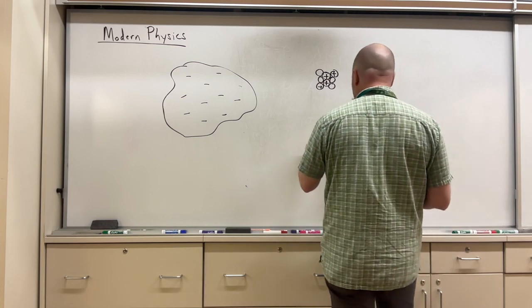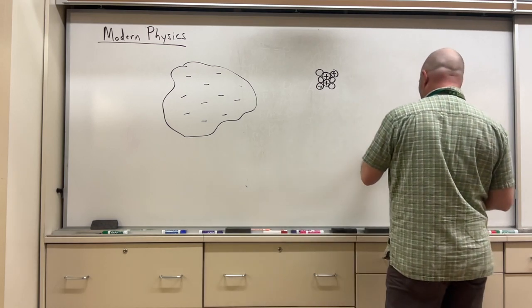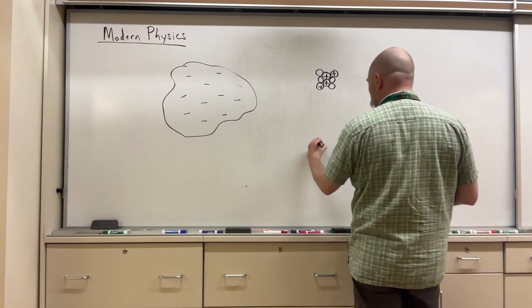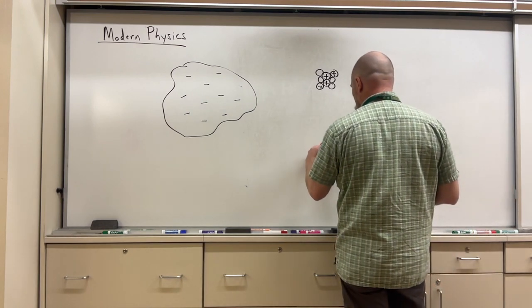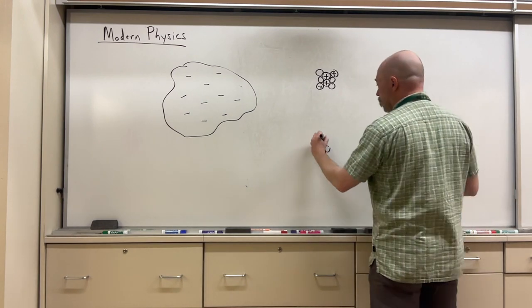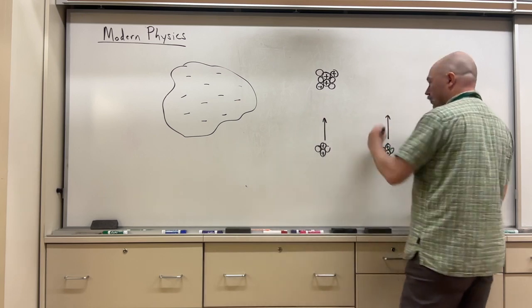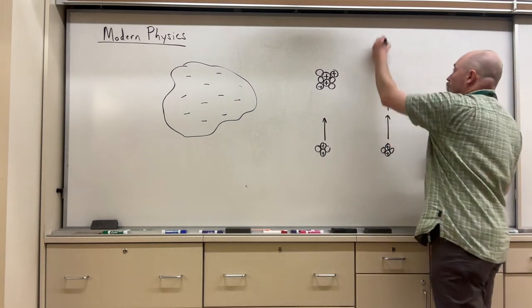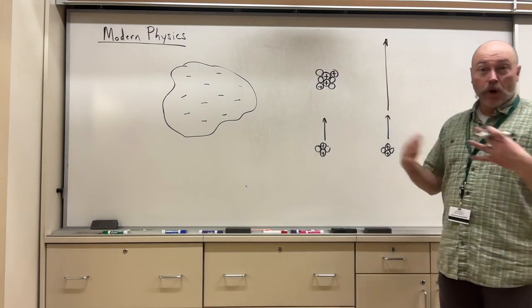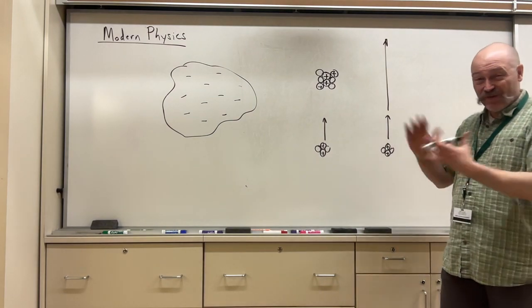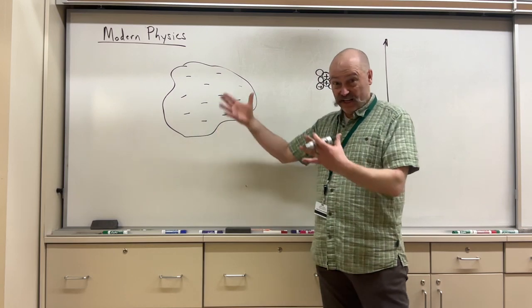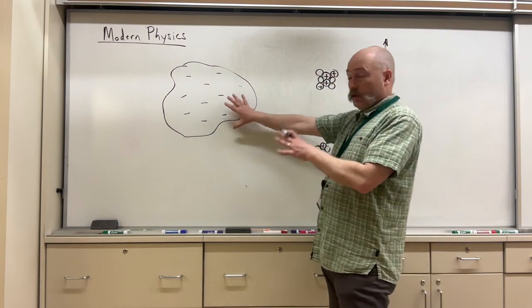If I shoot an alpha particle at it, and I shoot a different alpha particle at it here, well, this alpha particle is just going to move straight. And in fact, most of the alpha particles just moved straight, and Thomson was like, cool, hey, it's working.